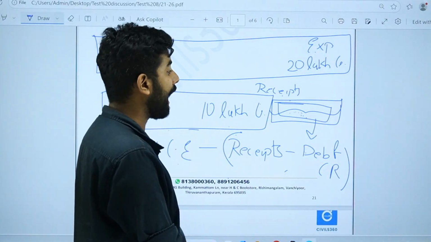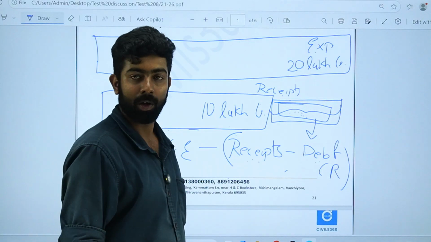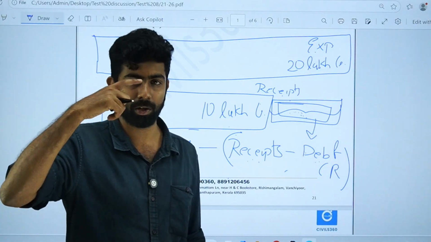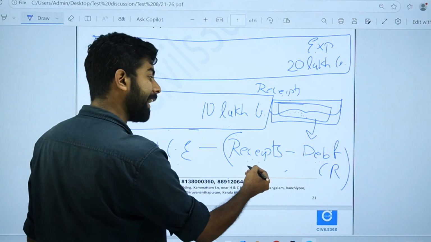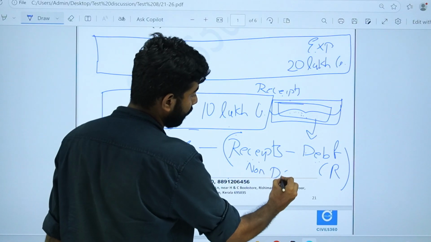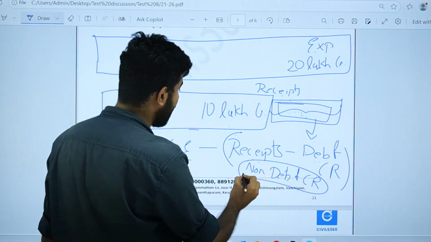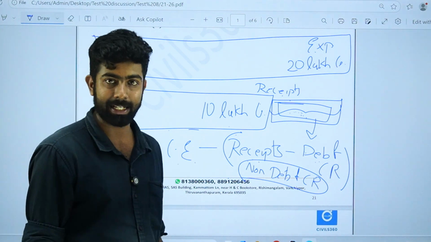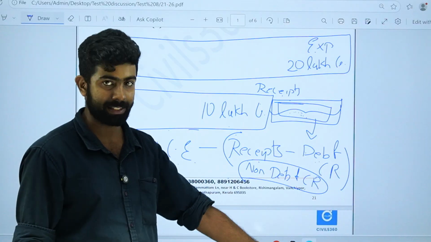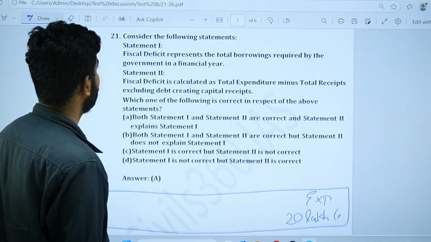We can also write it as the non-debt capital receipts. You only take the non-debt capital receipts and subtract them from the total expenditure, and you will get the fiscal deficit. I hope this concept is clear.